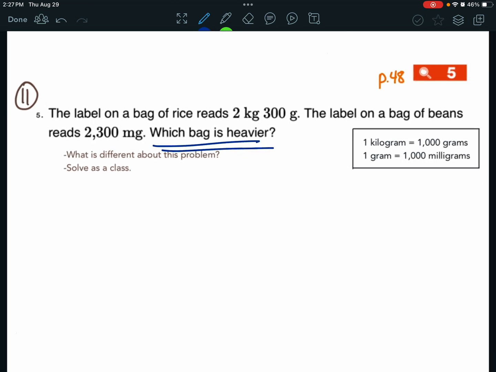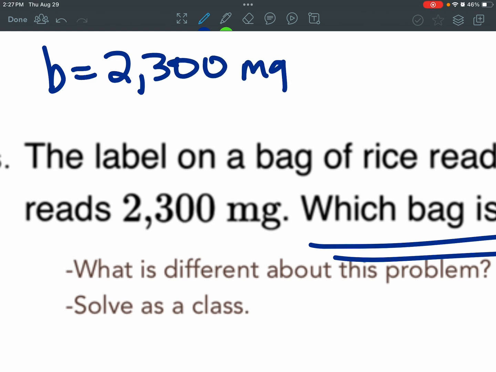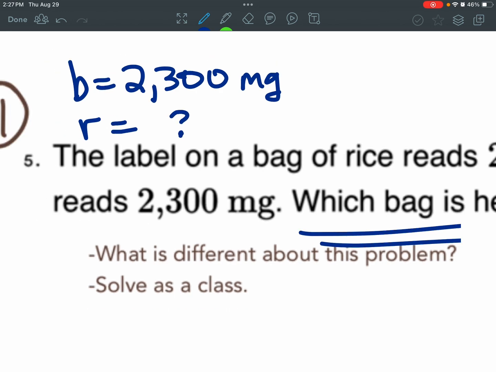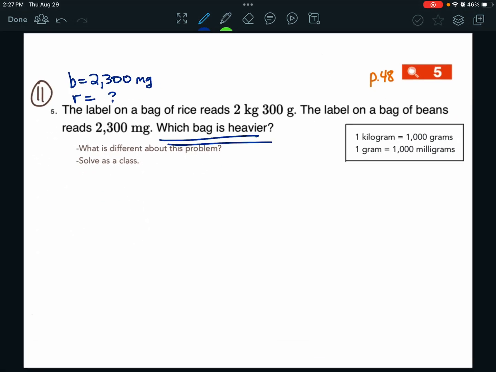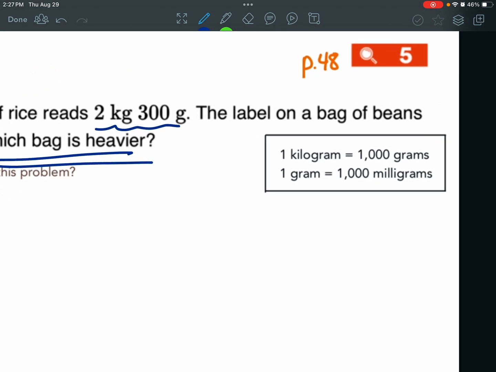So we currently know that the beans weigh 2,300 milligrams. We are trying to figure out what the rice weighs. So we have to convert. So first off, let's look right here.